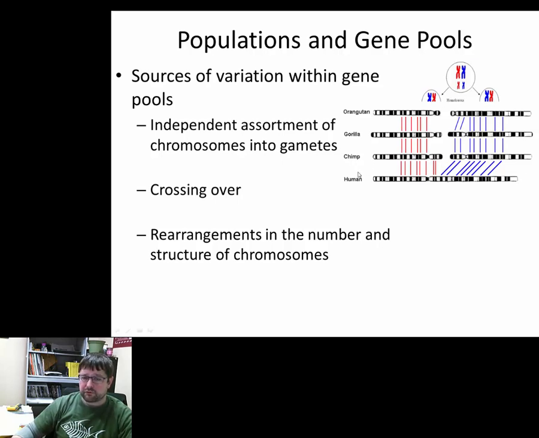So our chromosome number 2 is a result of chromosomes sticking together. And not orangutans, gorillas, and chimps chromosomes sticking together, but the ancestor to these guys, our ancestors' chromosomes 2 and 3 got stuck together.